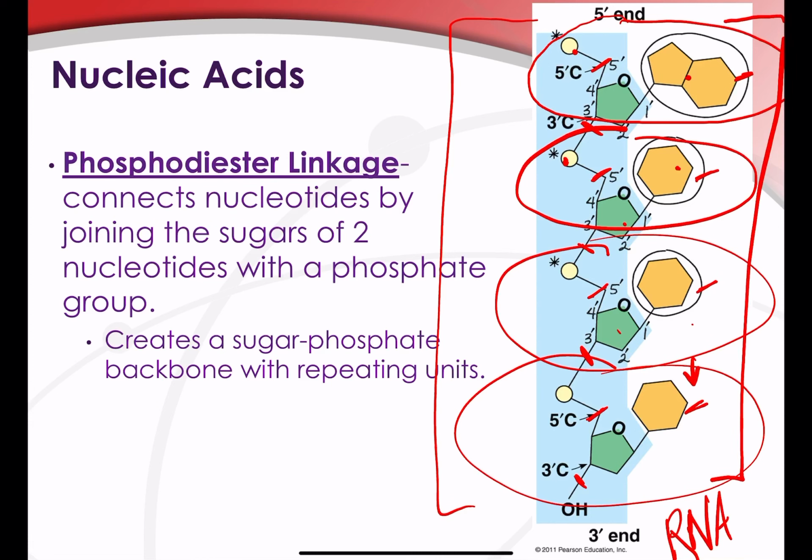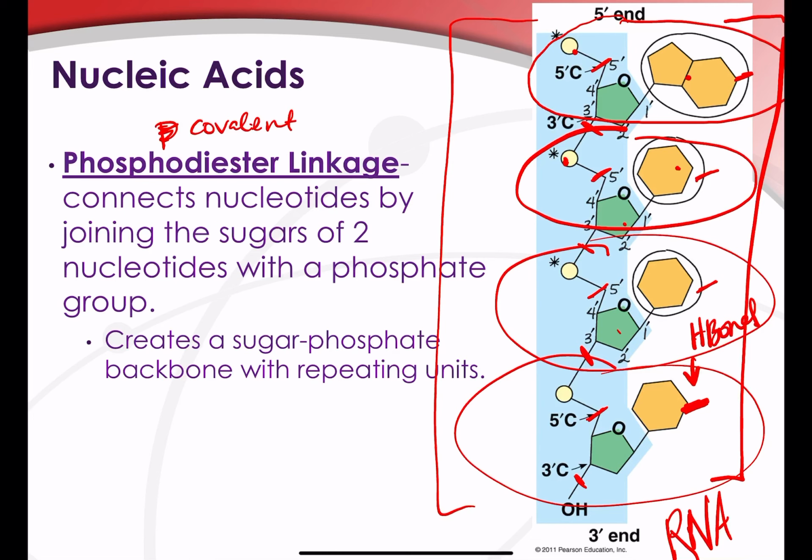And so this bond is a hydrogen bond, and we'll talk more about that later. But the reason that this phosphodiester linkage is important is that it is a covalent bond. So it's strong, okay? It's holding these molecules together.